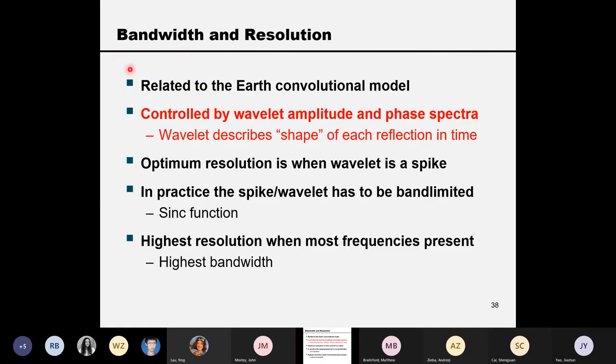The definition of the actual physics, bandwidth and resolution, relates to the Earth's convolution model. Whether you convolve with a wider bandwidth wavelet or a narrow bandwidth wavelet will give different seismograms, different seismic traces, okay? So it is controlled by the wavelets, which shape the reflectivity.